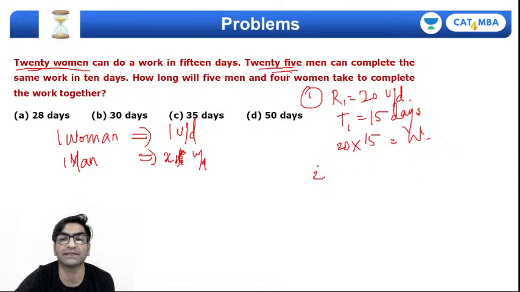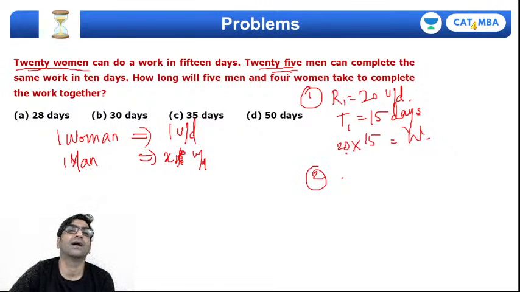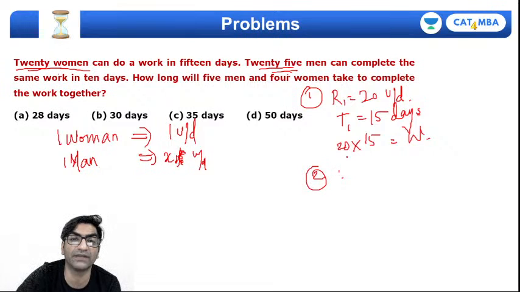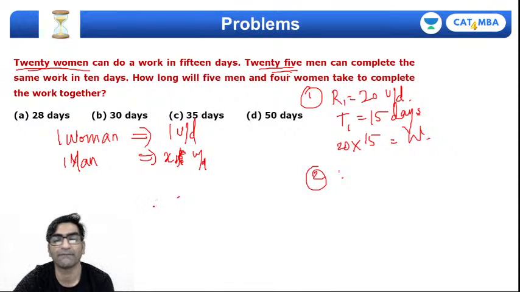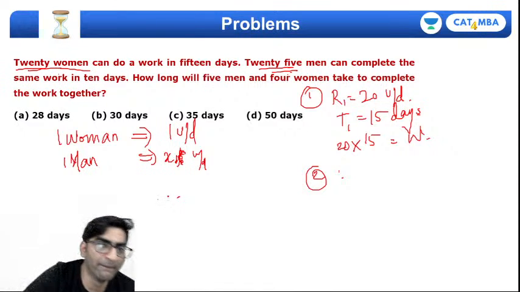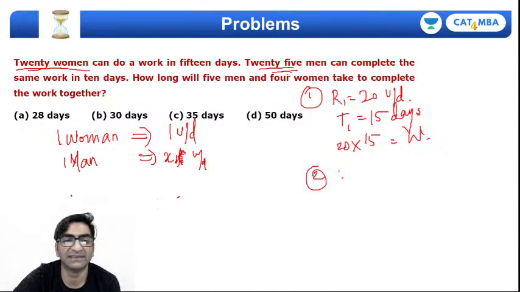Okay. Second statement given. 25 men, on the other hand, can complete the same work in 10 days. 25 men. So we've already assumed that one man does X units every day.